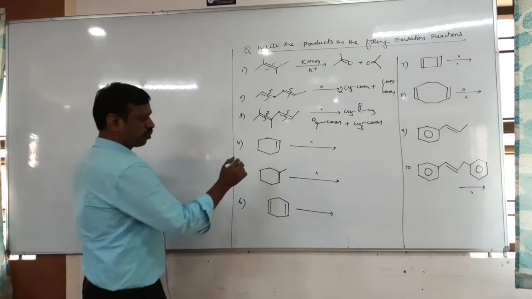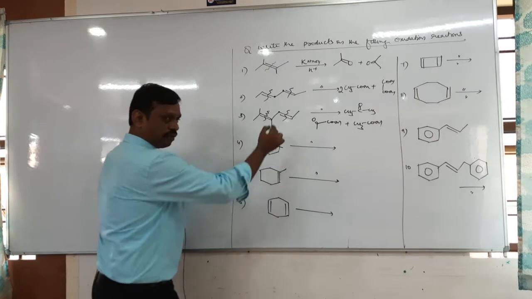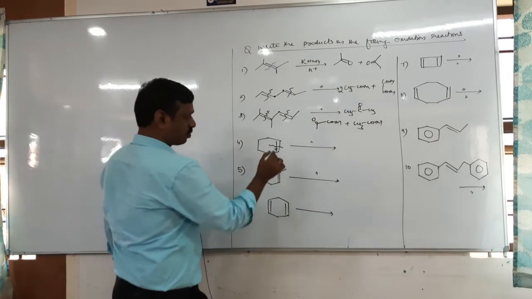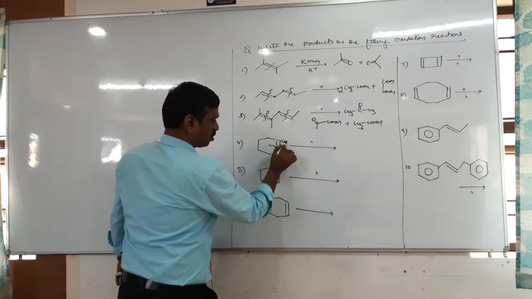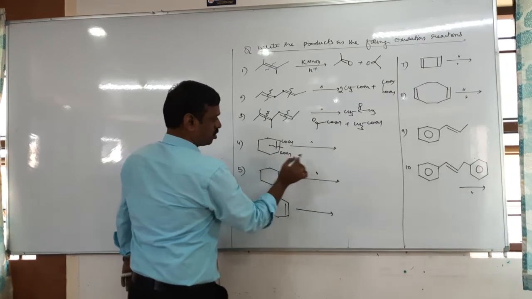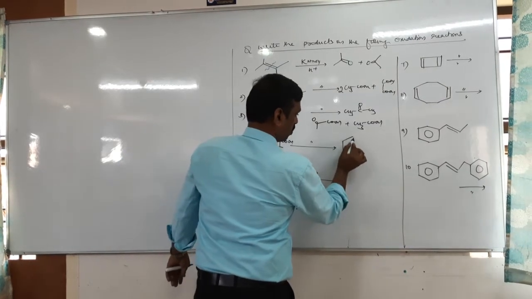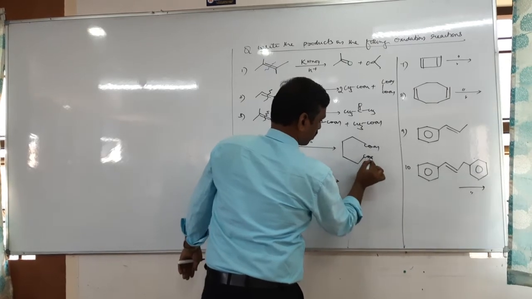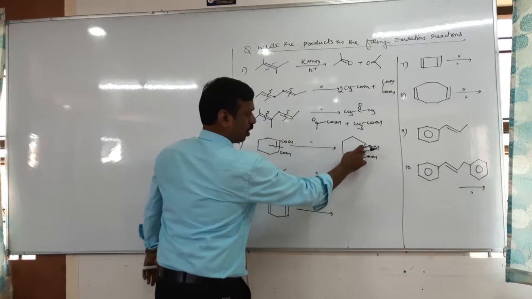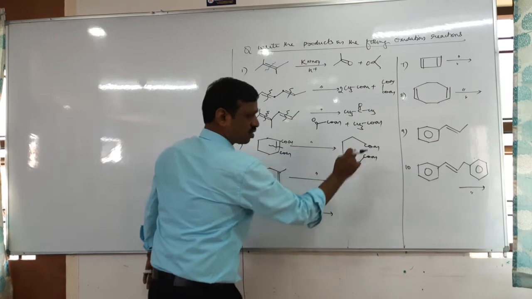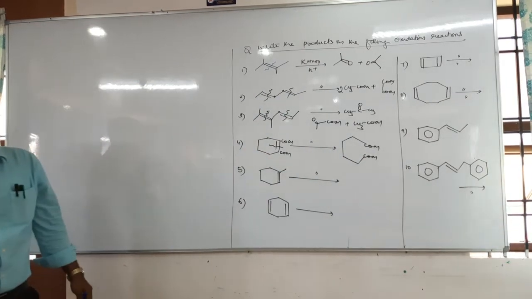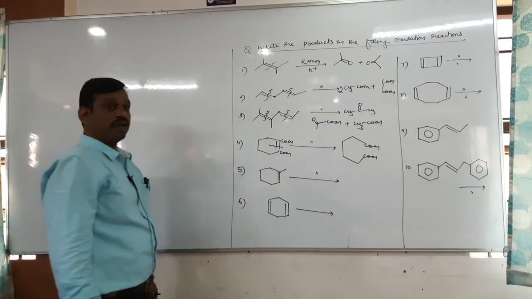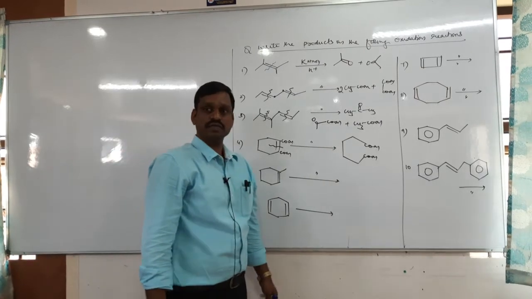Tell me here. Break the carbon-carbon double bond. It is COH. This is COH. So the number of carbons should be the same. 1, 2, 3, 4, 5, 6. Do you know what a 6-carbon dicarboxylic acid is called?